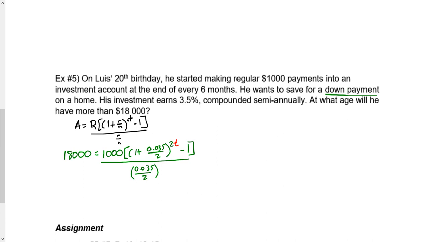So we're going to have to do some manipulation. First thing that we're going to want to do is get rid of that denominator. So 18 grand multiplied by that 0.035 over 2. I know that I don't have a lot of space on here, so I'm going to have to do a little bit of rearrangement.